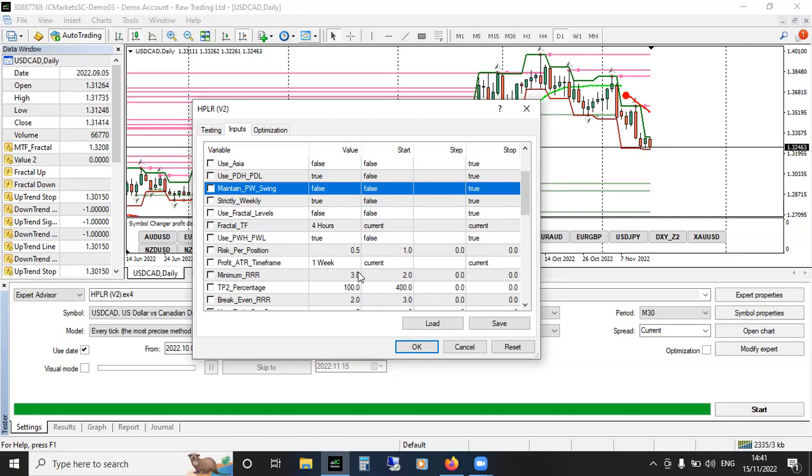Now, let's say we are looking at one week. We are looking at our weekly trades, and we say we want to use the weekly, and say USD CAD has an average movement in a week of about, let's say, 180 pips. And then our stop loss is about, say, 30 pips.